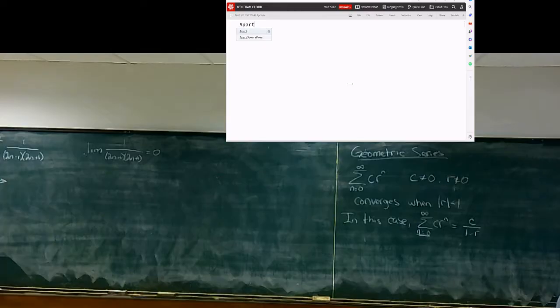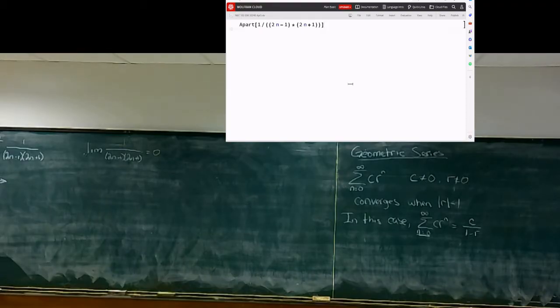It's the apart command. Now you just type in the fraction. I think you can also specify what the variable is, but I don't think it's needed.